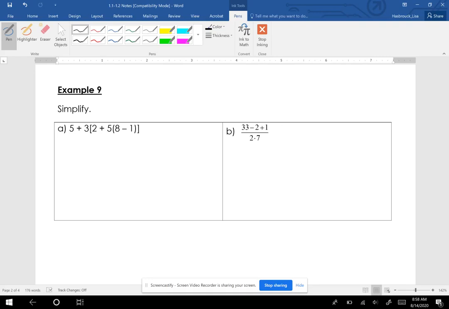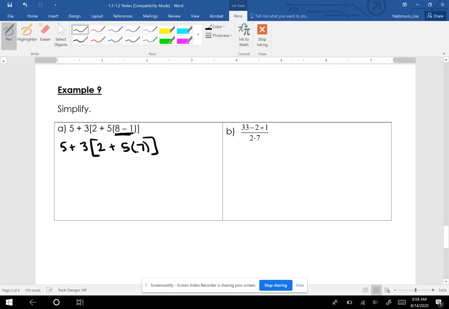So we have one problem left to go over here in the notes, and this example deals with applying order of operations. For this first problem, notice there's two sets of parentheses. We're going to start with the innermost set. So I have 5 plus 3 times 2 plus 5 times 8 minus 1 is 7.